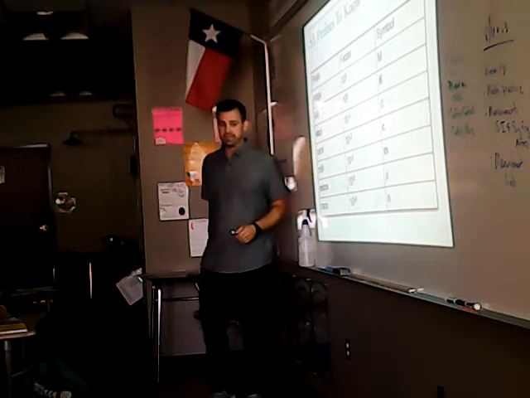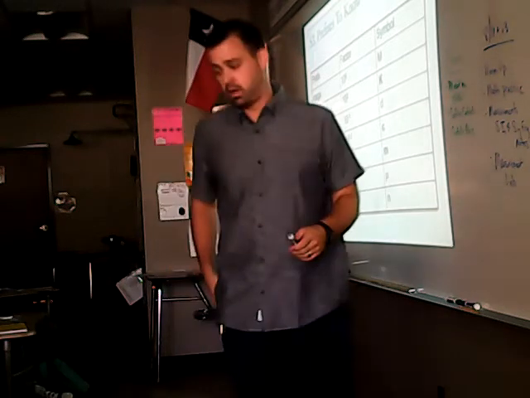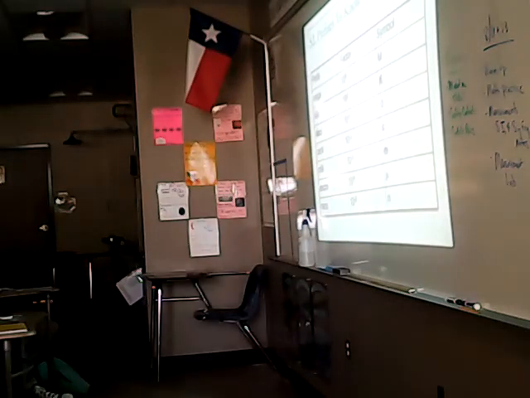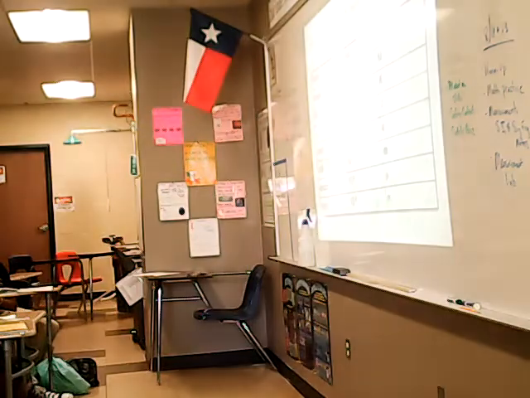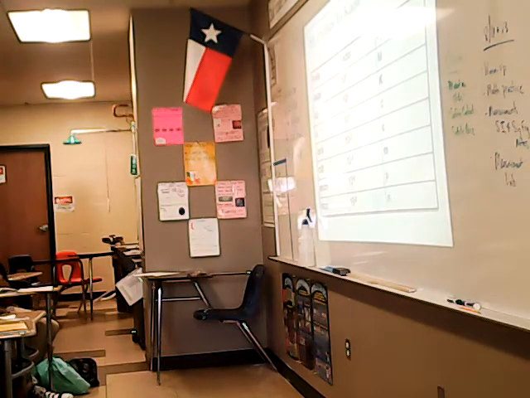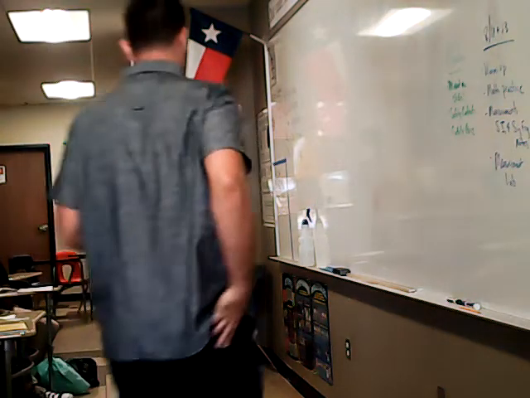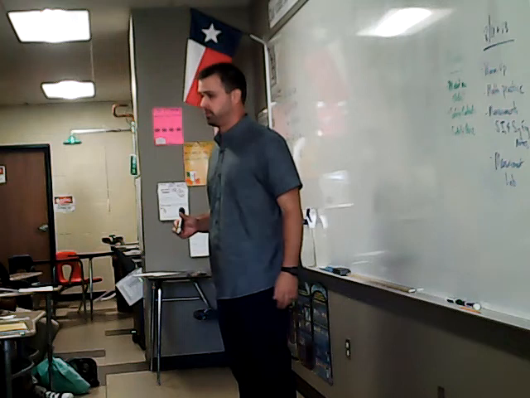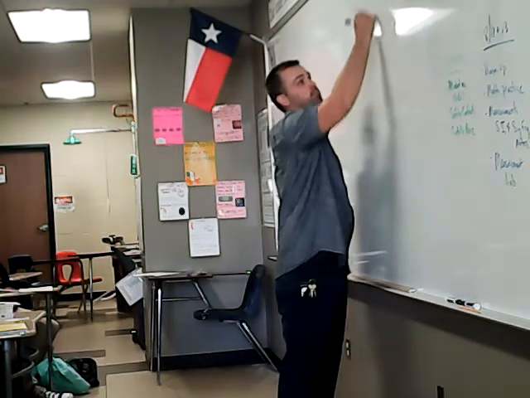But where this factor of 10 comes from, you might want to write this down. You guys ever heard the saying King Henry died doing something? You guys have heard that before? Okay, so this is how we're going to do it.